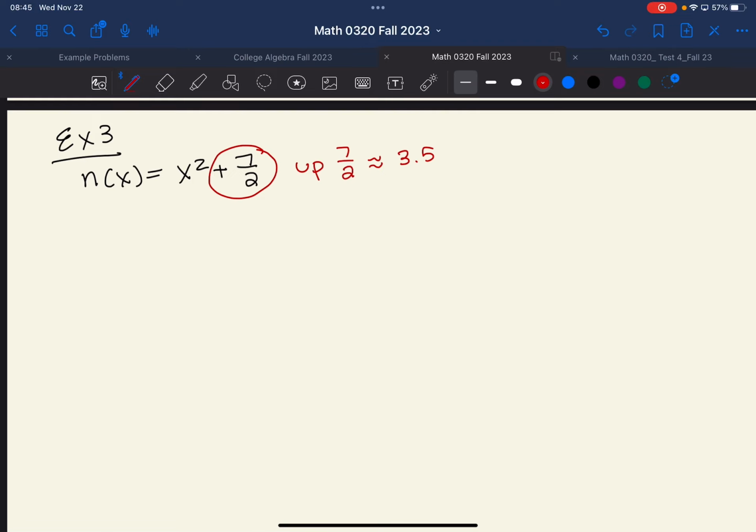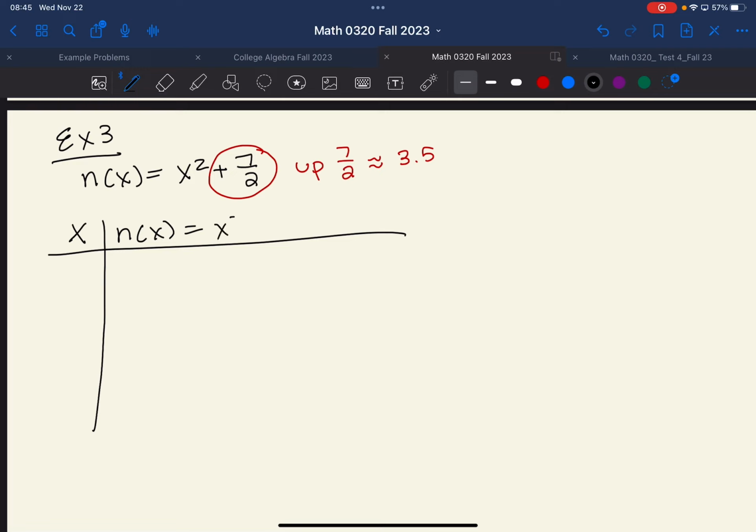So we're going to create our table. And again, you can use any numbers you want for x. I'm just going to continue using -1, 0, 1. You could use -3, 0, 3, any numbers you want as long as one is negative and one is positive, and then you have your 0. So plugging in -1, I get -1 squared plus 7/2.